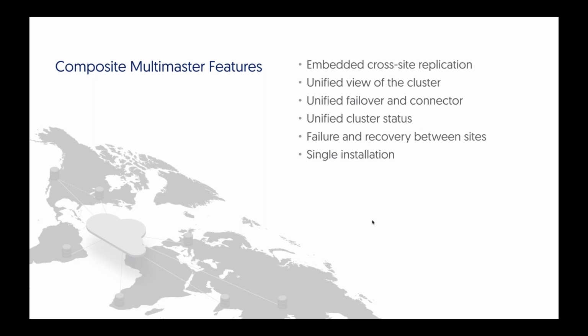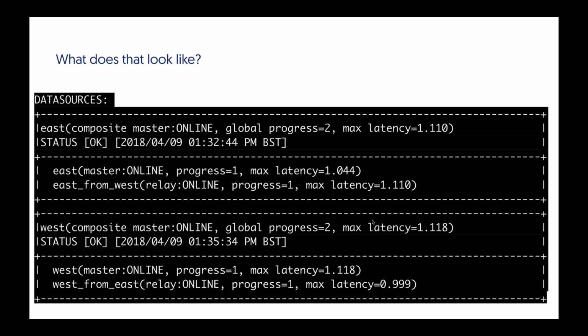Now, that overall experience actually is really important because what I want to show you here is our new view. There's a bunch of different new views within cctrl in order to give you a new idea of exactly what is going on within a composite cluster. But this is probably one of the main ones. Let's consider our demo rather.